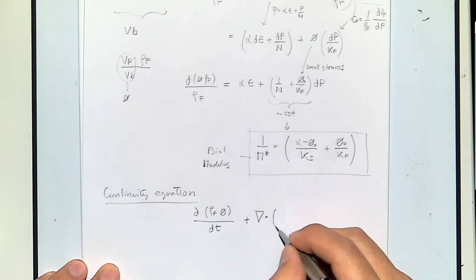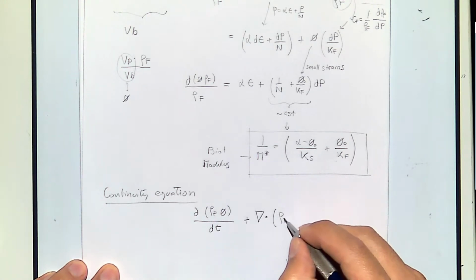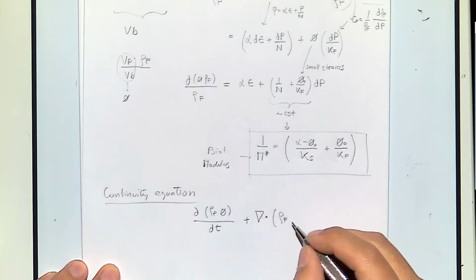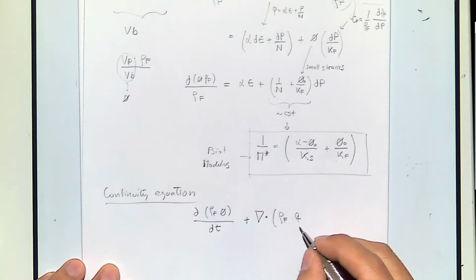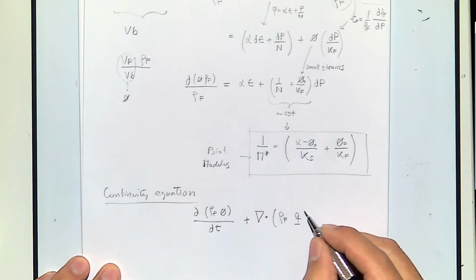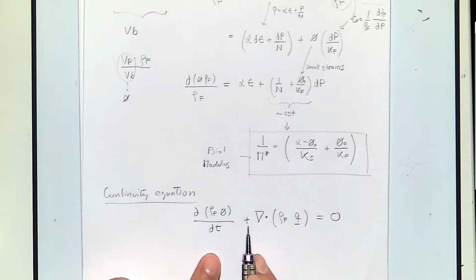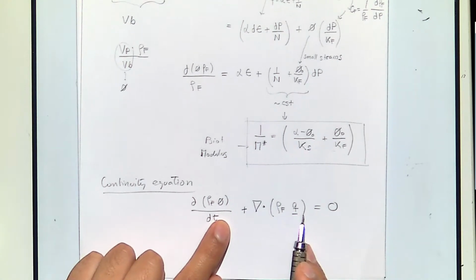That this equation, the divergence of the flow rate in terms of mass, when you add those two together, this one has to be equal to 0.